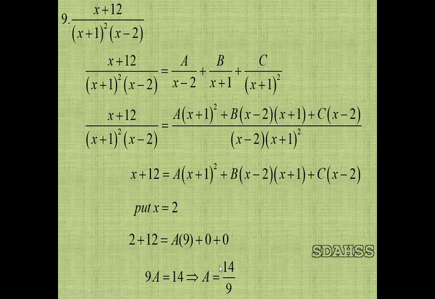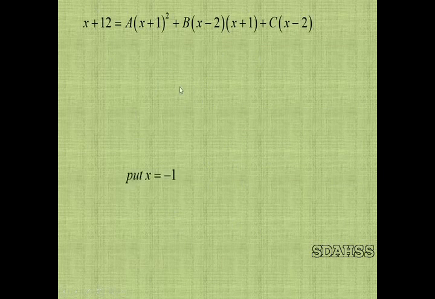Now we want to find the remaining alphabets b and c, so for that take x plus 1 is equal to 0, which means x is equal to minus 1.